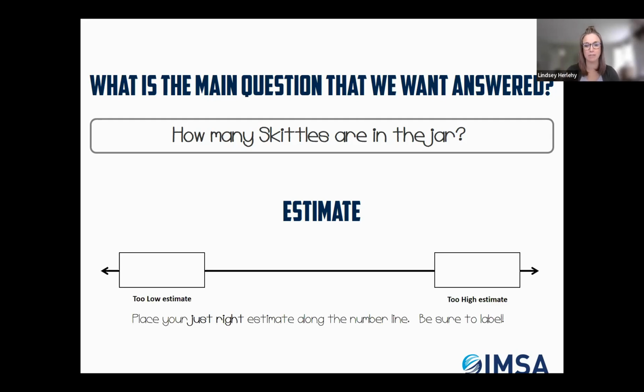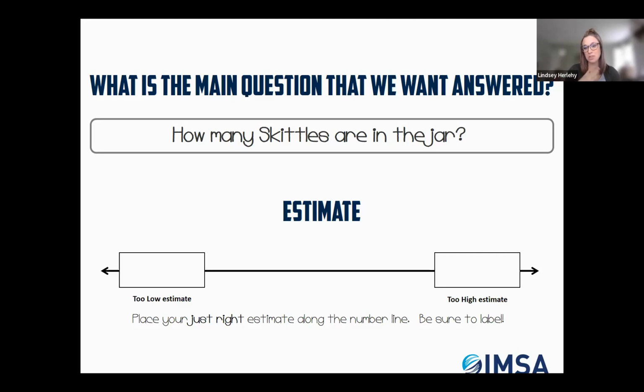And I like this scale for a variety of reasons. If you were to take this scale and estimate how many Skittles are in the jar, I first want you to come up with two numbers. A too-low estimate: there is no way this few Skittles are in that jar. And then a too-high estimate: there is no way this many Skittles are in that jar. What we're doing right now is called Goldilocks guessing.